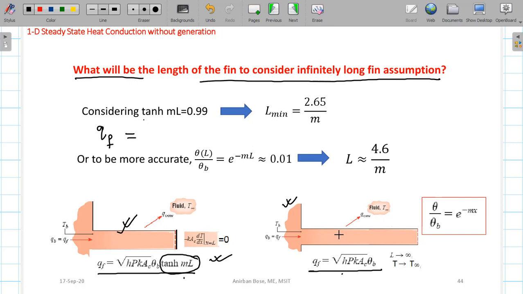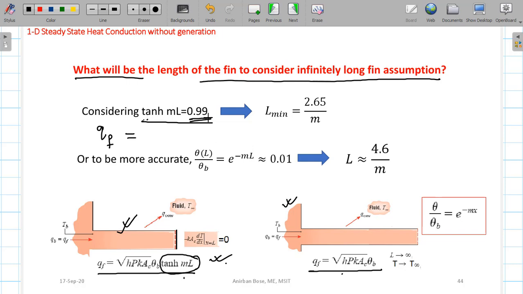Then we have to find out, if tanh(mL) is equal to 1, what will be the length? tanh(mL) equal to 1 will definitely give the length as infinite. But if we consider tanh(mL) not exactly 1 but very close to 1, with only 1% error, then it will be 0.99.